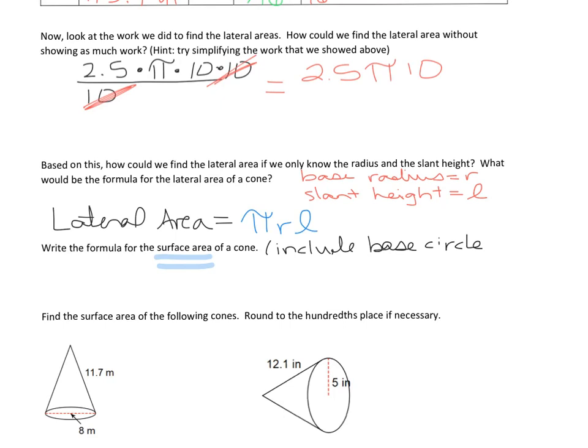Our cones didn't really have that space, but most cones have a solid base. That circle is filled in. So we want to make sure we include or add that base circle. Go ahead and pause and think about how would I write the entire surface area? How do I find the area of the cone and that circle base? And write me a formula. Pause and try.